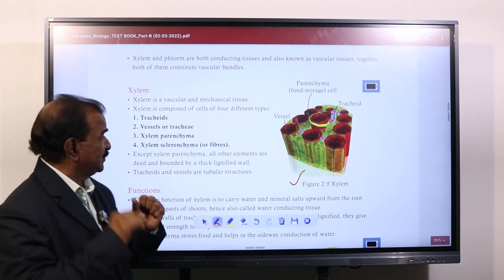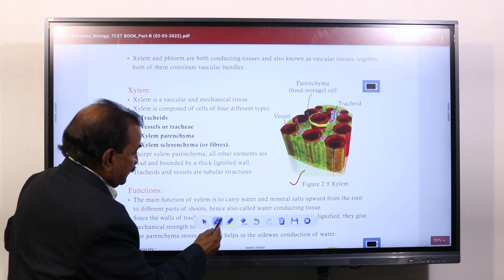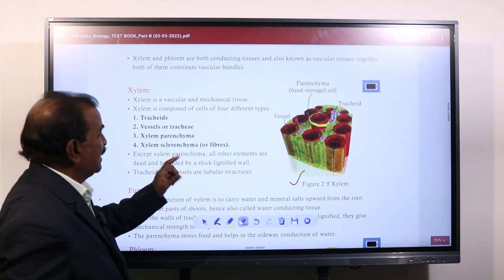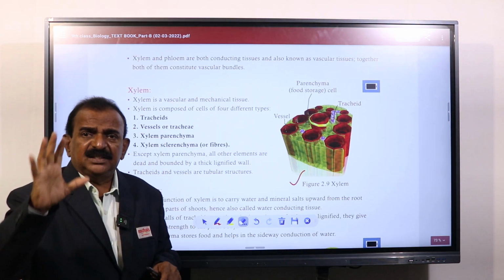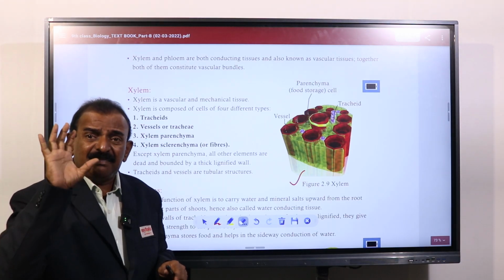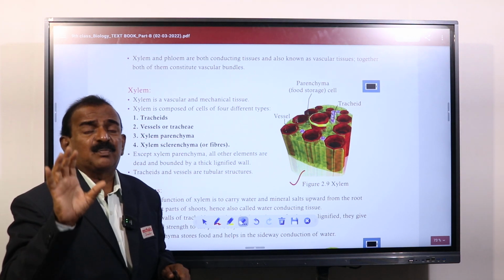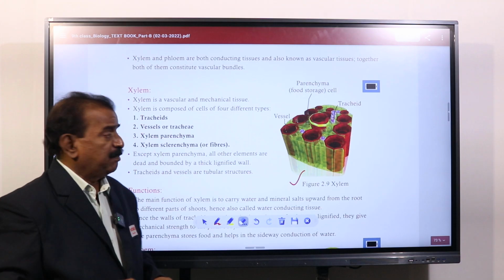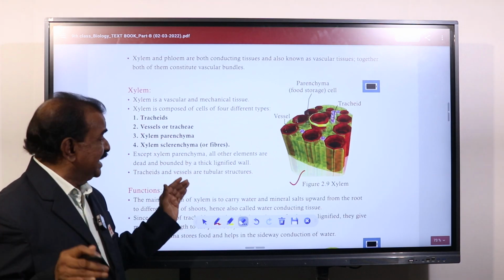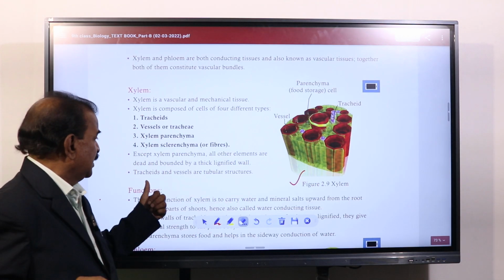Except xylem parenchyma, all other cells of the xylem are dead tissues and they are made up of lignin. They have thick walls, and these thick walls provide mechanical strength to the plant body. So except xylem parenchyma, all other elements are dead and bounded by a thick lignified wall.